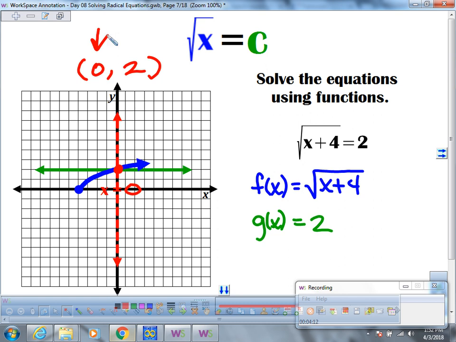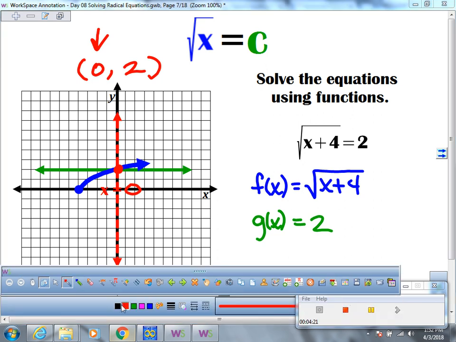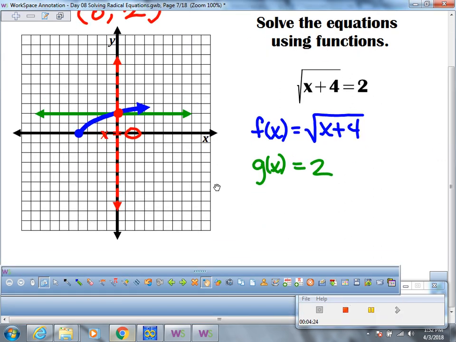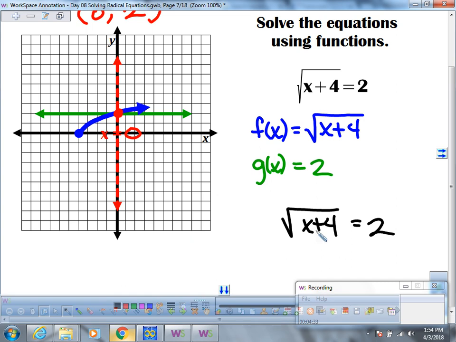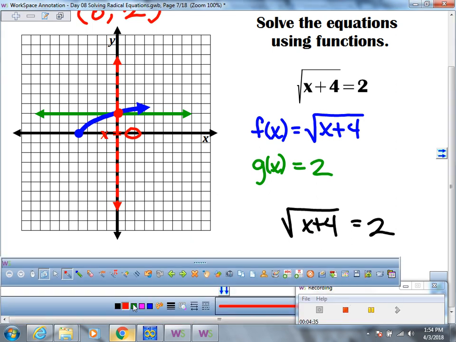All right, now I'm going to solve it algebraically. So I have the square root of x plus 4 equals 2. If I want to get rid of a square root, I do the inverse, which is square.